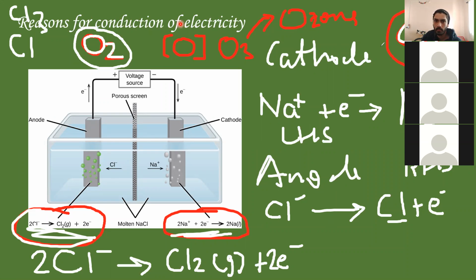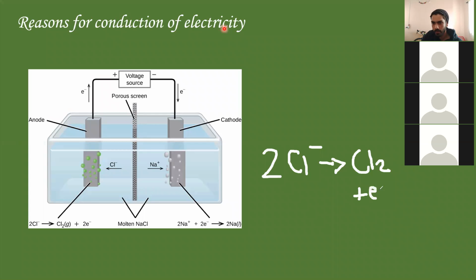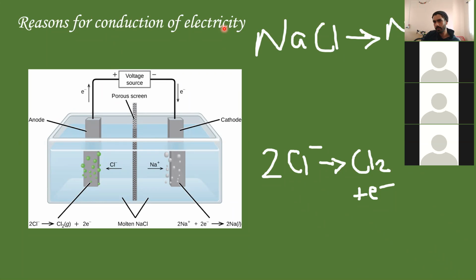Just a minute. Na⁺ Cl⁻, sorry, I'll just quickly write it down. We have 2Cl⁻ gives Cl2 plus 2e⁻ over here. At the same time, don't forget that we first broke 2NaCl to get Na⁺ plus Cl⁻. If there are 2 Cl here, we have to write 2 here, and if there are 2 over here, we have to write 2 here as well.